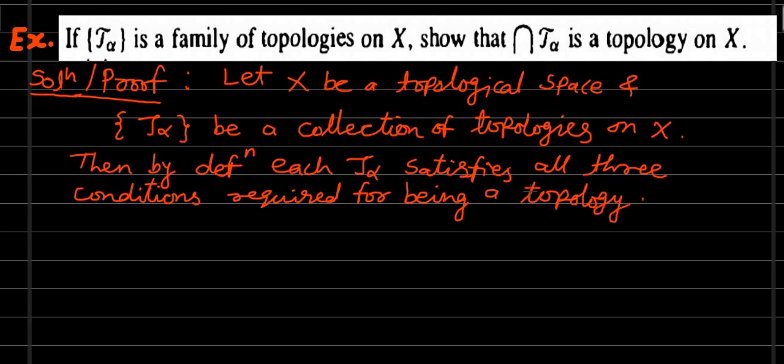We know the definition of the topology. If X is some set, then a collection of subsets of X will be called a topology for X if it satisfies three conditions.